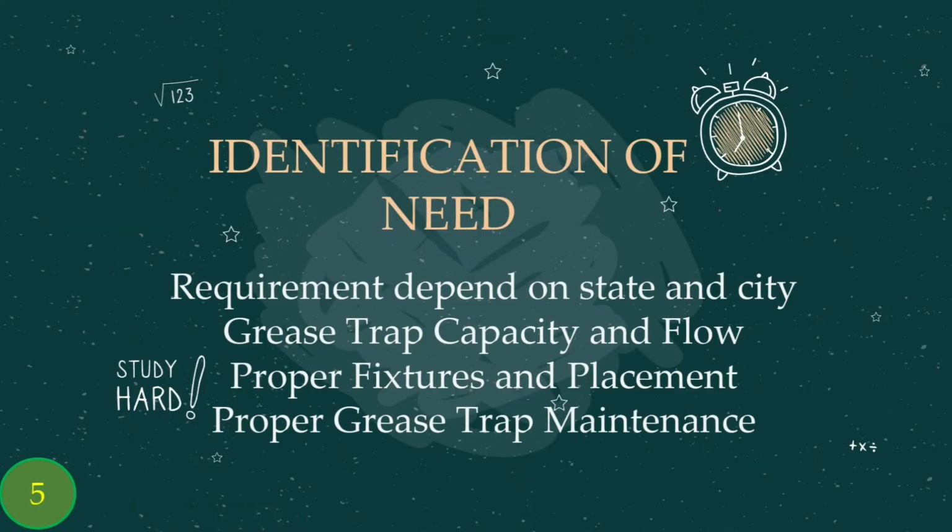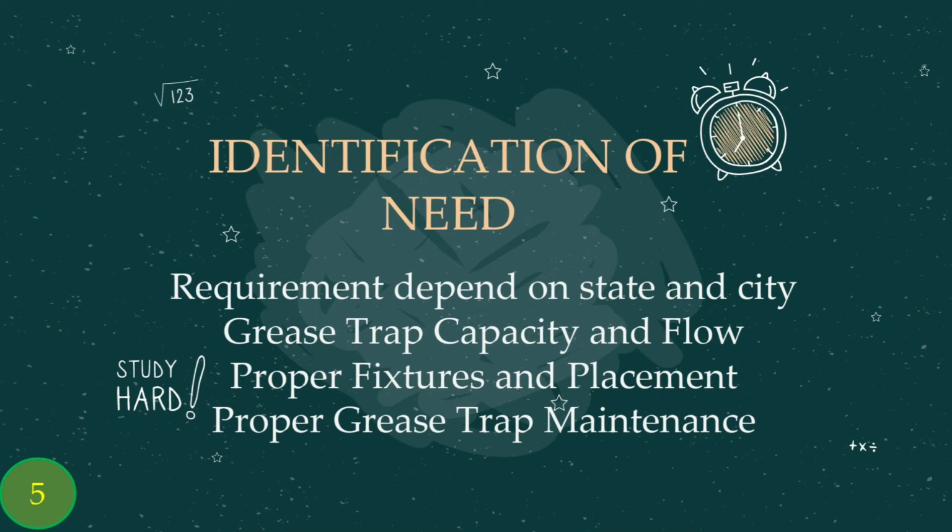Now, we will discuss the identification of need. From my observation in this project, to make a good grease trap, we have to care about our city. We have to be concerned about the treatment given by the city center and the manpower used in clearing blockages near the target restaurant.